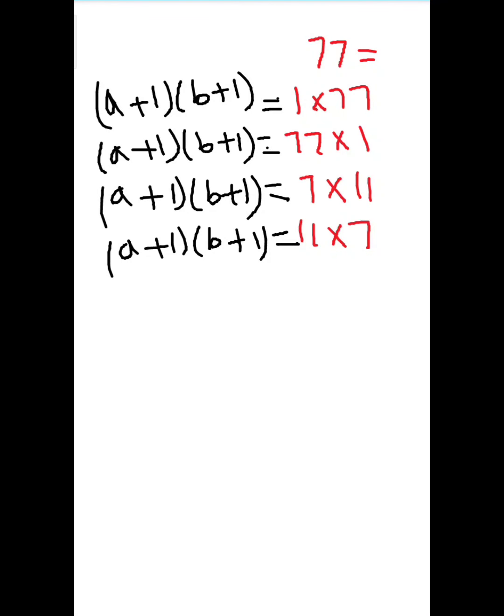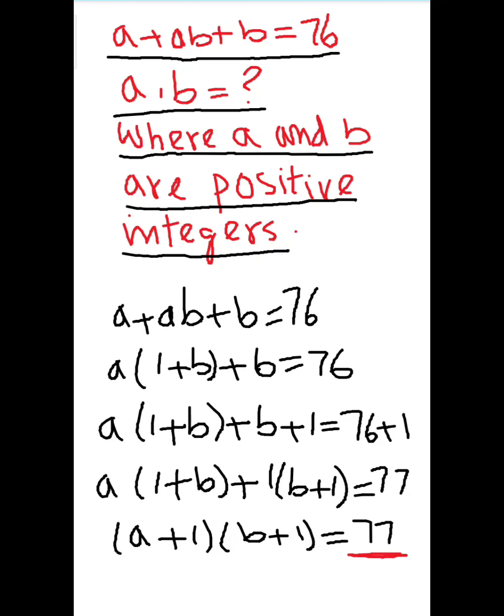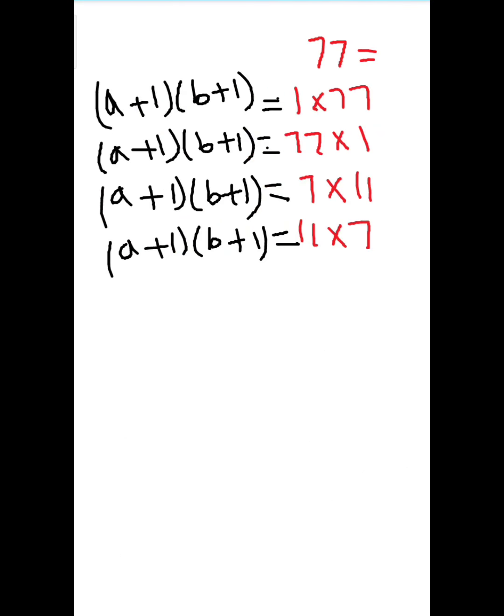Here we have to look back at our question. According to our question, a and b are positive integers. So if a and b are positive integers, then a must be greater than or equal to 1, and in the same way b should be greater than or equal to 1.